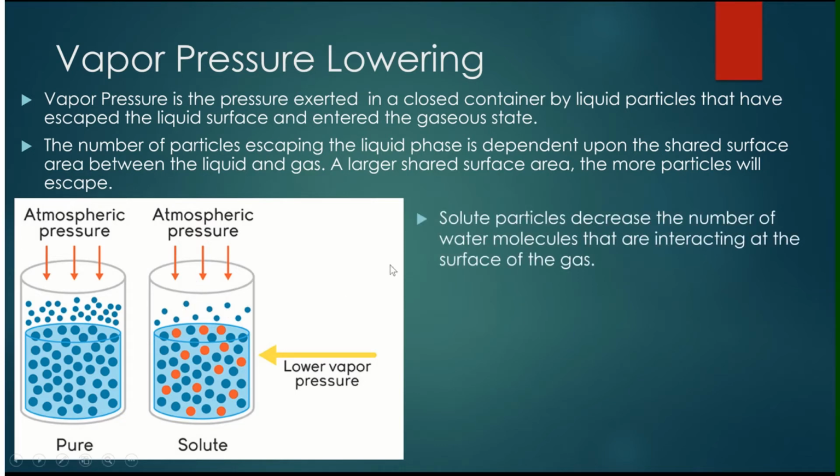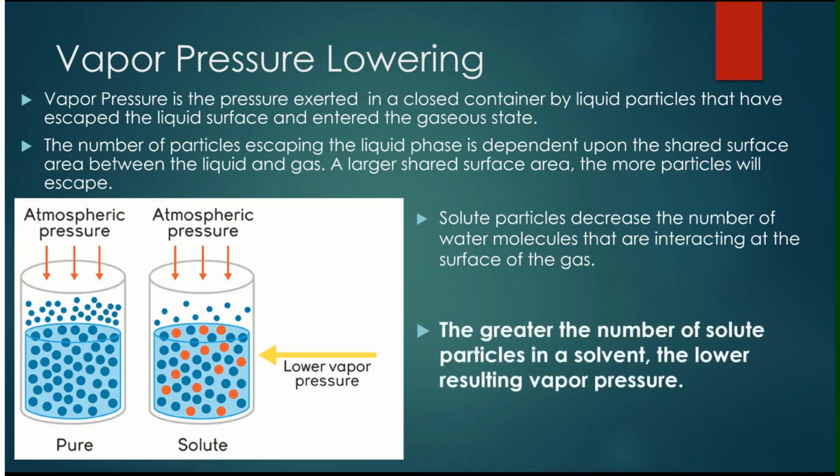So a smaller surface area means a smaller ratio of water molecules that are able to get to the surface and therefore escape. So having solute particles is going to lower the vapor pressure. It's going to make it harder for those water molecules to escape into vapor.